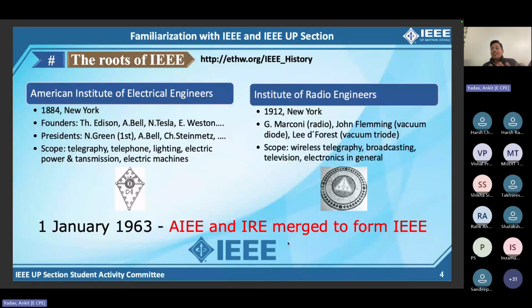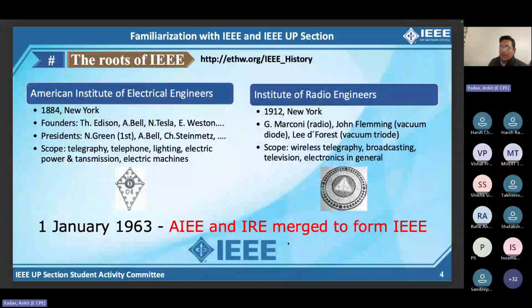They did not even know what they were doing. They started two societies, AIEE and IRE. Later on, in 1963, these two societies merged together to make IEEE, the Institute of Electrical and Electronics Engineers.